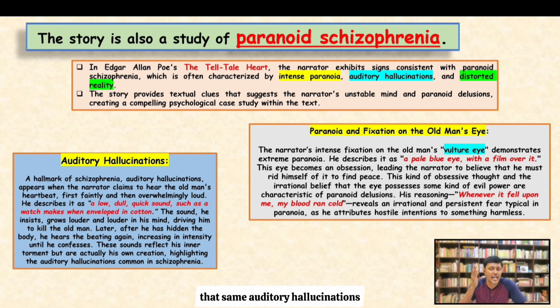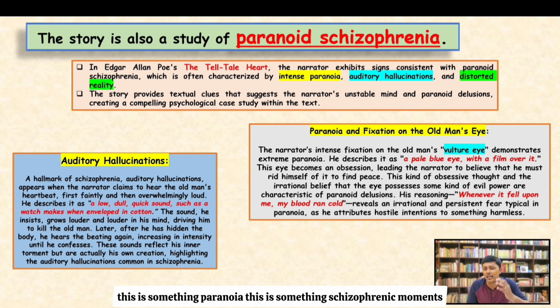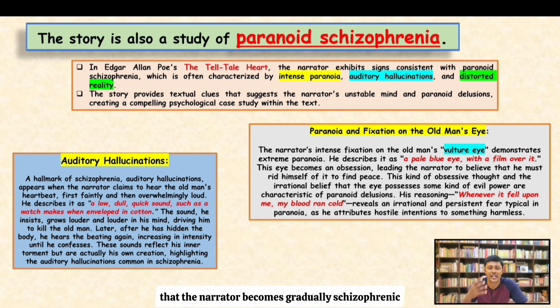The second point is the auditory hallucinations, which also give a clear-cut idea of his paranoid schizophrenic moments: a low, dull, quick sound such as a watch makes when enveloped in cotton. See, the description itself is very interesting and very psychological. Well, this is very strange. This is something paranoid, something schizophrenic, as the narrator gradually becomes schizophrenic.